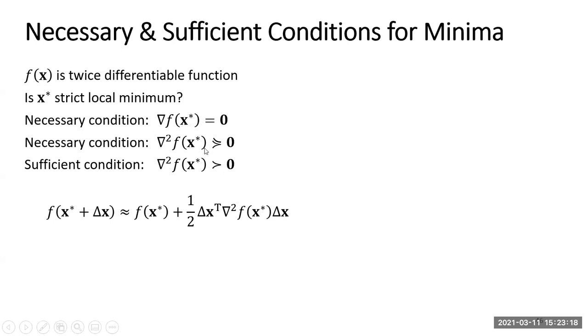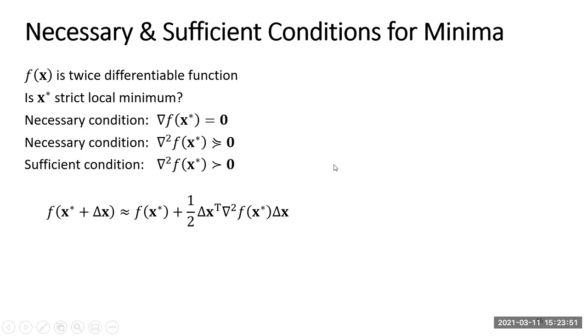Now, if the Hessian were positive semi-definite, then this term could be equal to 0, correct? The second term could be equal to 0, in which case f of x star plus delta x is equal to f of x star. So this is not a strict minimum anymore because we have this equality sign. So it's not a strict local minimum.